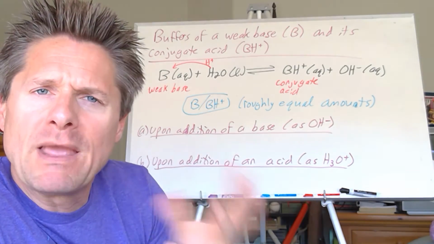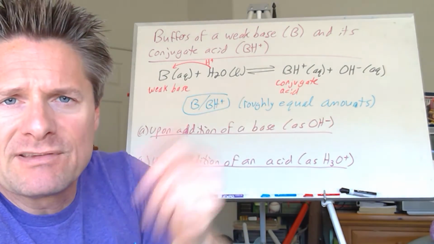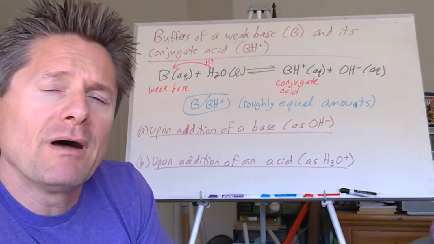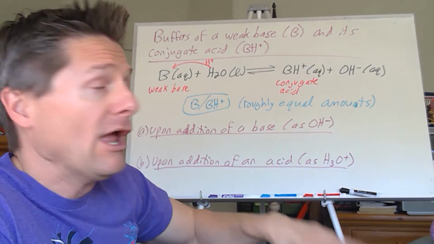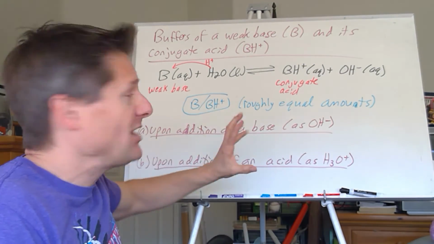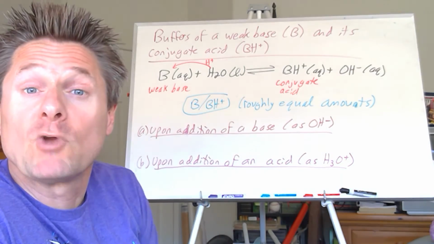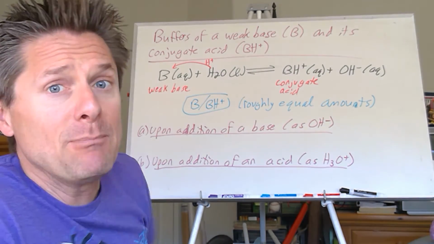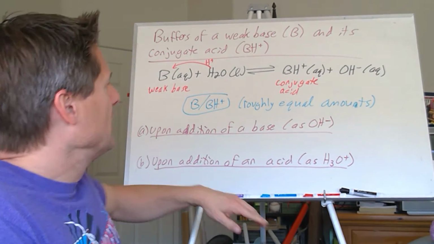But this buffer is made up of a weak base, so that buffer will probably have a pH above 7 somewhere. If you use a weak acid as a buffer, it's probably going to have a pH somewhere below 7. And you can control those pHs by changing the concentrations of these two species here. Right? You have complete control. You can make a buffer of any pH you want. It's pretty sweet. It's quite a bit of calculations, though, to do it.